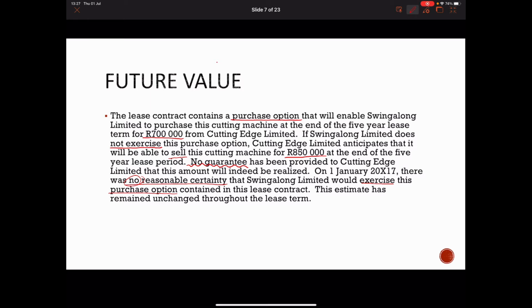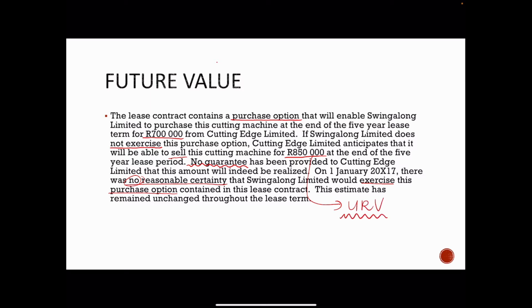Also, they tell you that if there's no purchase option, Cutting Edge Limited will sell the asset for 850,000 Rand and no guarantee has been provided. That is why this 850,000 is your unguaranteed residual value. You know that the unguaranteed residual value is part of your future value when you calculate your interest rate implicit, because the lessor will receive this 850,000 Rand at the end of the lease period, but not from the lessee, but from another party.